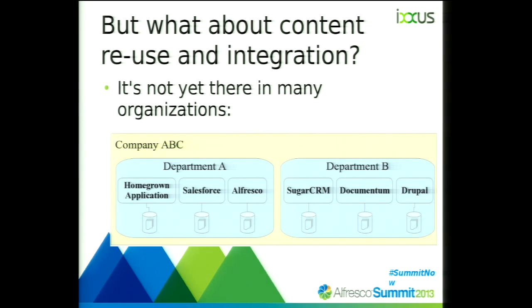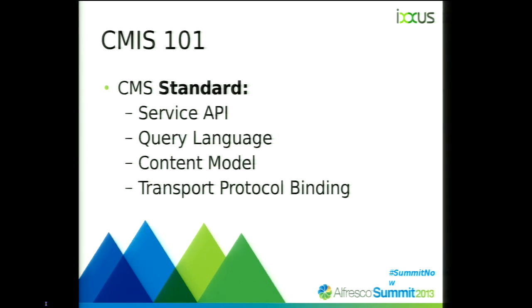You have different vendors, new, old, black box, big stuff, and other applications like web content management that are also managing their own content files, custom applications and so forth. So this is something you want to look at and do something about, and that's what we're going to talk about mostly.